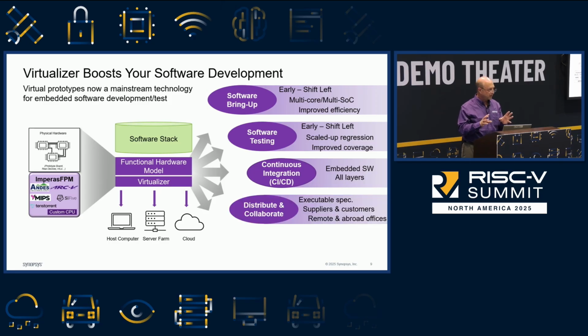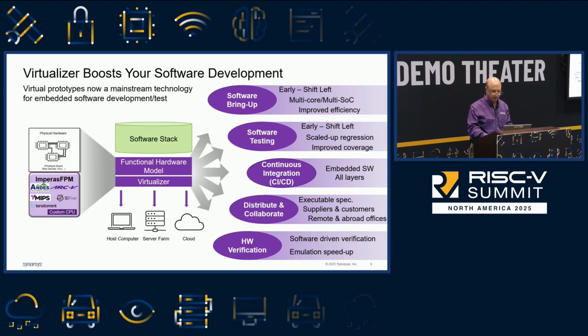The nice thing about virtual prototypes compared to, say, FPGA prototypes or other hardware is that they're virtual, so if you have a distributed development team, which most companies have at this point in time, it's pretty easy for everybody to be on the same virtual prototype doing development. It also helps enable the full supply chain.